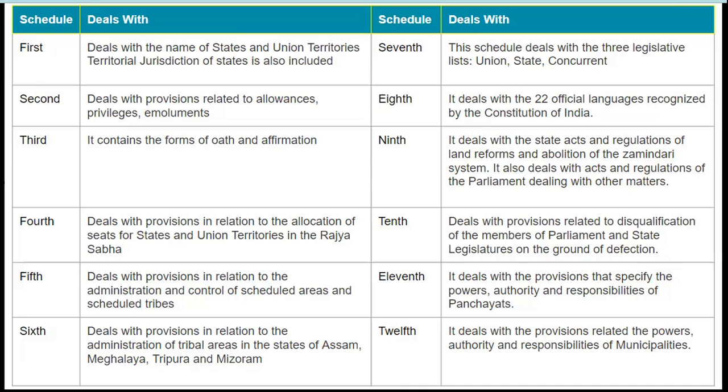Eighth schedule, official languages. Ninth schedule, land reforms. Tenth schedule, defection laws. Eleventh schedule, panchayat. Twelfth schedule, municipality. So these are the keywords that you remember so that you can elaborate in detail schedule wise, right?